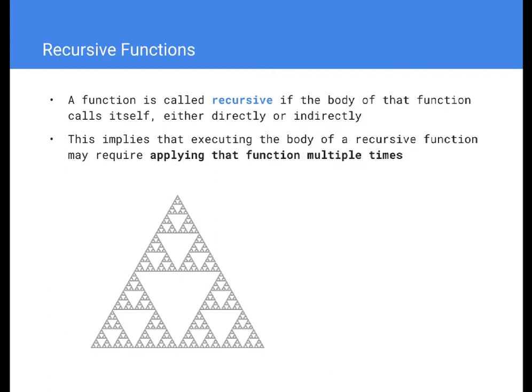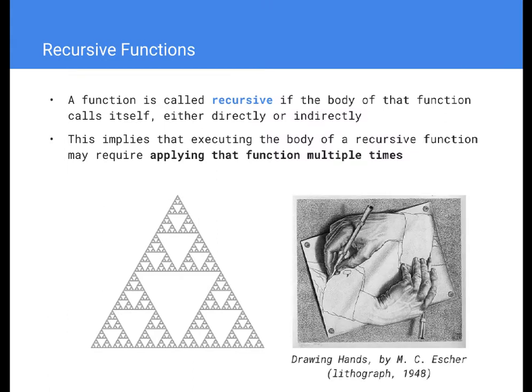So this is a structure where I have a series of instructions, and I can repeat the same instructions over and over again, however long I want. And that's another graphical representation. We have Drawing Hands by M.C. Escher, where it's just this interesting picture where you have one hand drawing the other. Kind of the crazy mind-bending idea behind recursion.